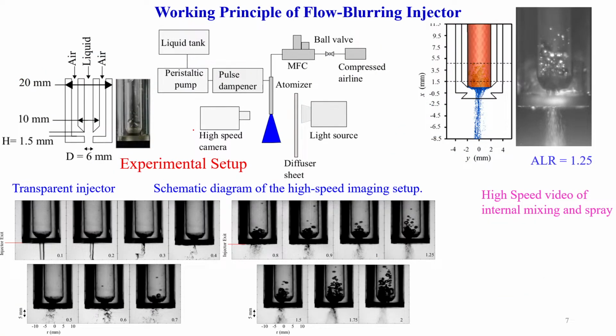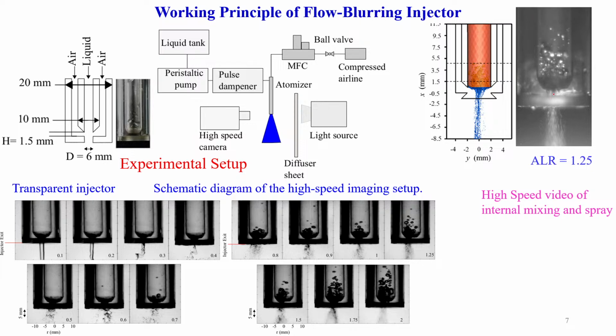This is the experimental setup as well as the experimental results using the transparent injector. In the previous slide I explained that internal mixing is also an important parameter to dictate whether the injector is operating in flow blurring configuration or flow focusing configuration.